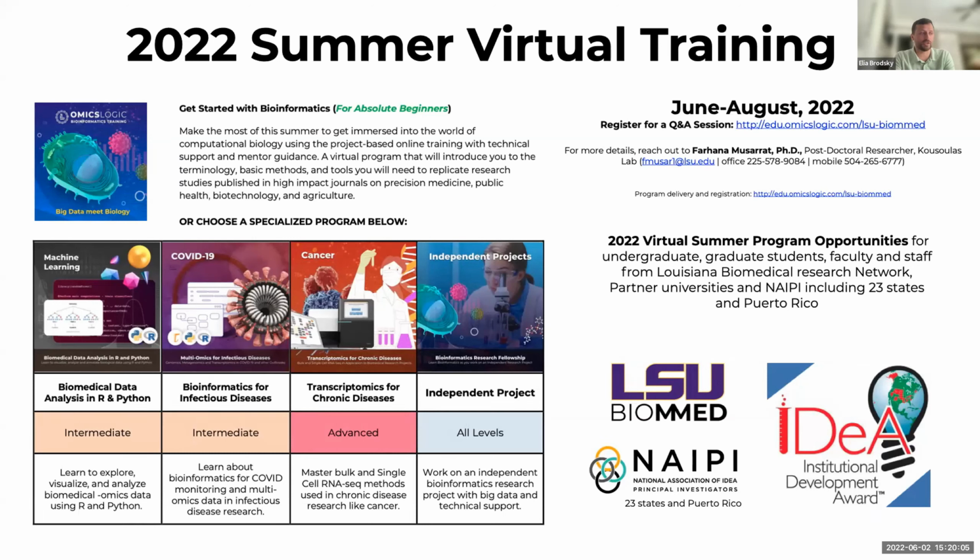What you need to check is whether that institution is listed, because NAIPI is an organization that brings together PIs funded through the NIH IDeA Institution Development Award. So if you receive this information from your core, you probably have access to those free licenses.